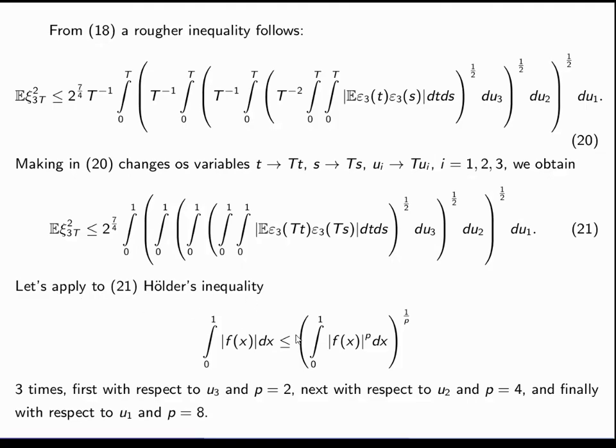21. And let's apply Hölder's inequality to 21 three times. First with respect to u3 and p equals 2, next with respect to u2 and p equals 4, and finally with respect to u1 and p equals 8.